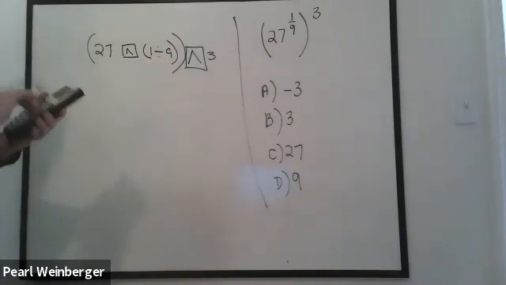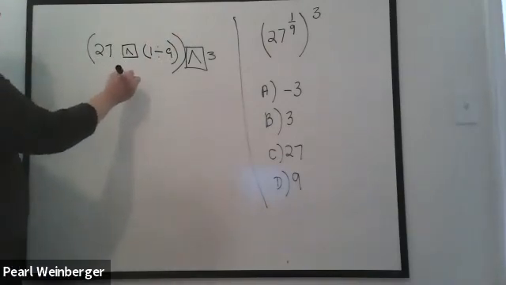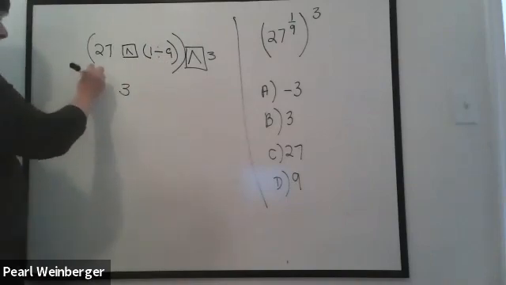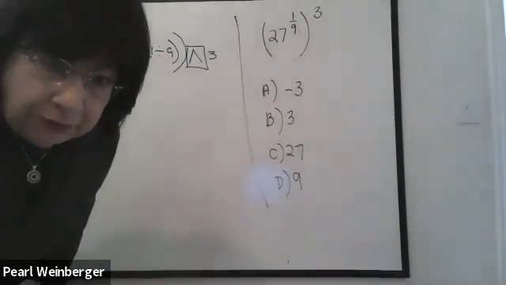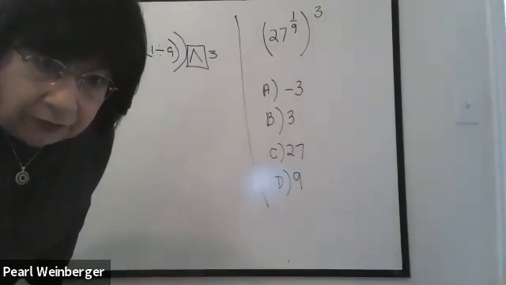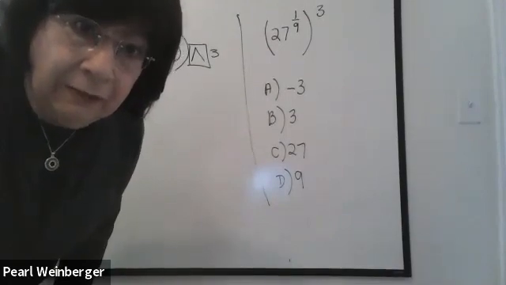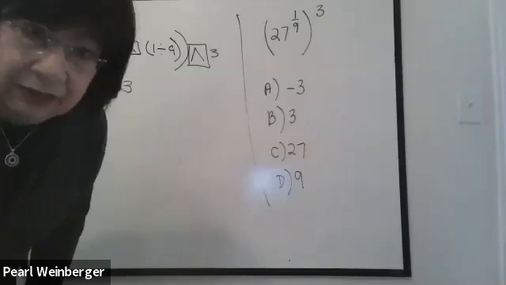I press my exponent button again, and I put in 3. And when I do that, my answer comes out to be 3, which is choice B. Let's see what people got as their answer. I see, yes, both Evelyn and Nikisha got those answers. Great.